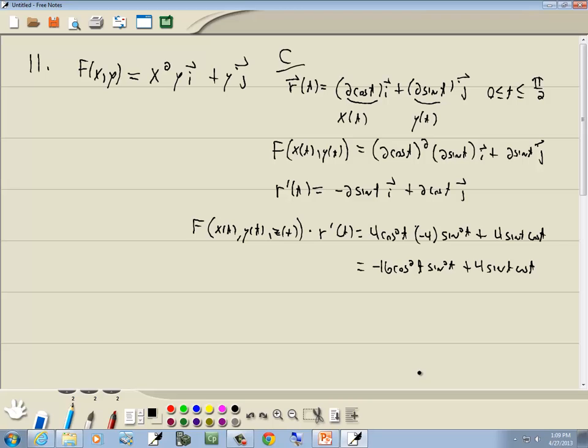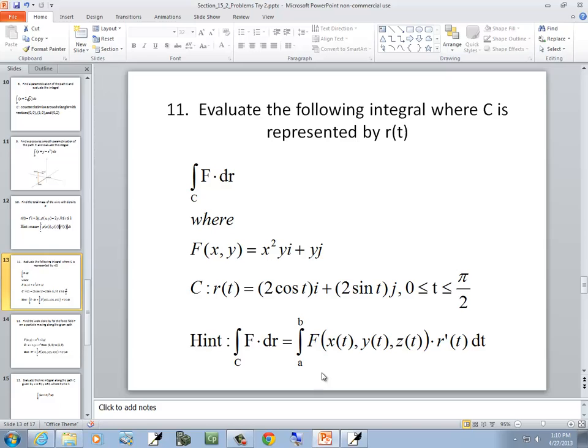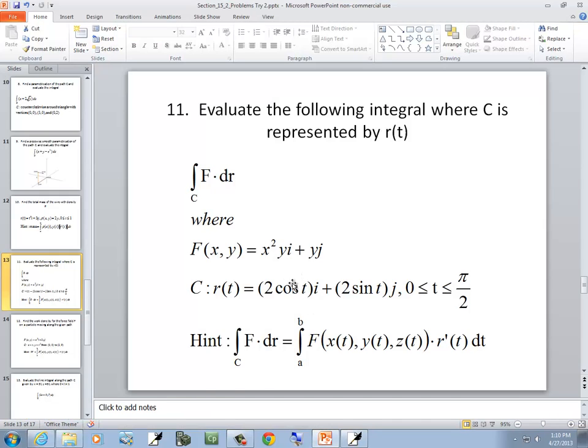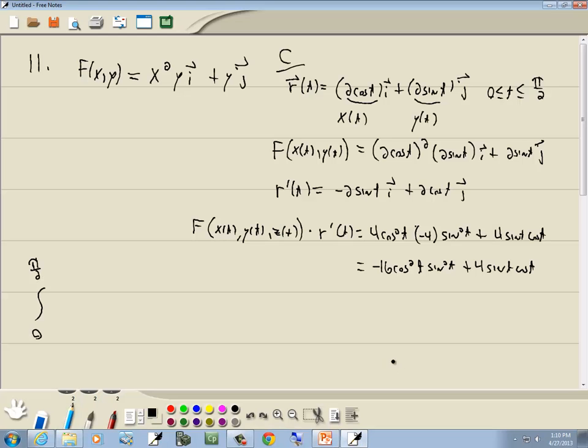And it doesn't look like it's going to come out very nice. So I'll just do the setup. Probably the ones in the book will come out nice. Okay, from A to B, so this is 0 to pi over 2. And then we have our dot product, which we just found, which is this. So we'll have negative 16 cosine squared sine squared plus 4 sine cosine dt.